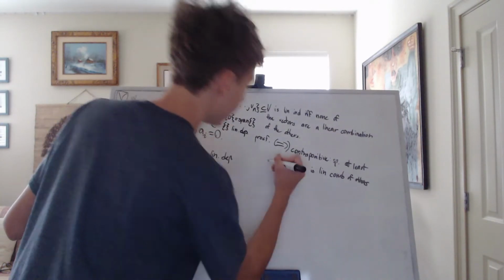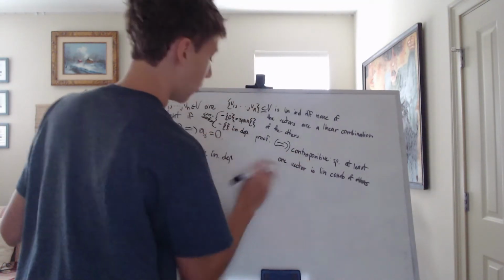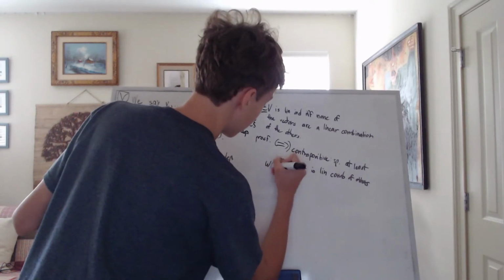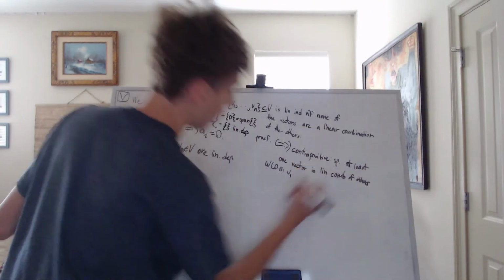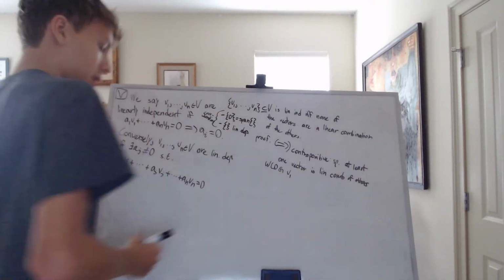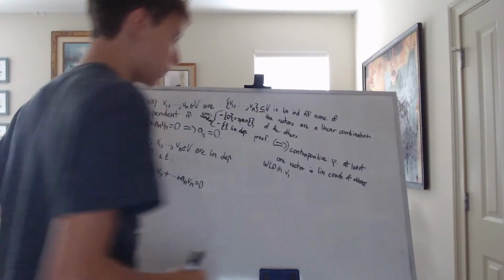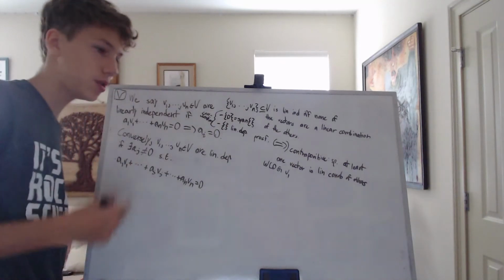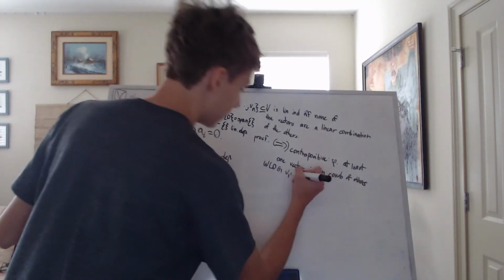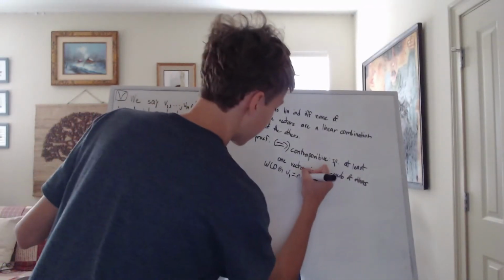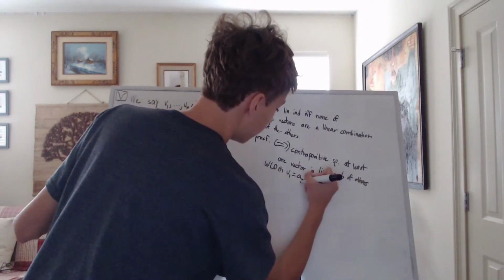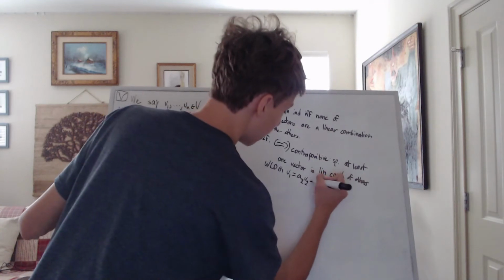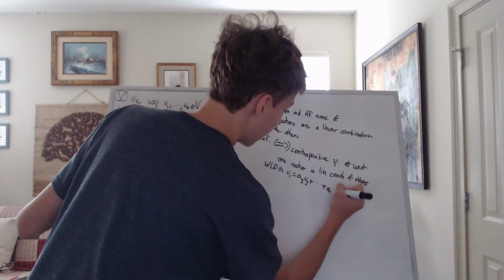Let's call that one Vj. Well, actually, without loss of generality, call that vector V1. It's without loss of generality because it really doesn't matter which vector we choose, it's just a change in notation. So we write V1 as A2 V2 plus ... plus An Vn.